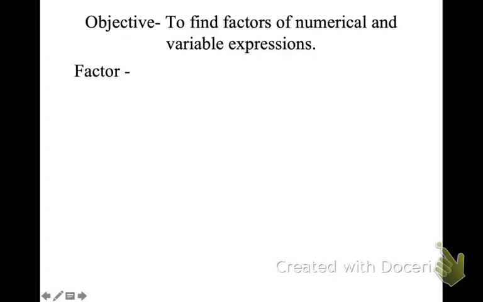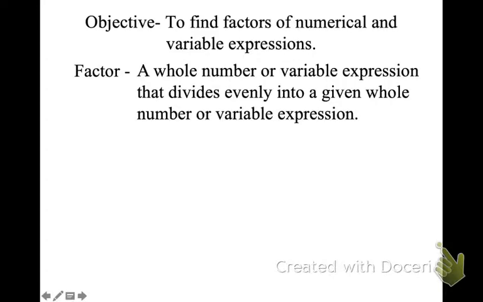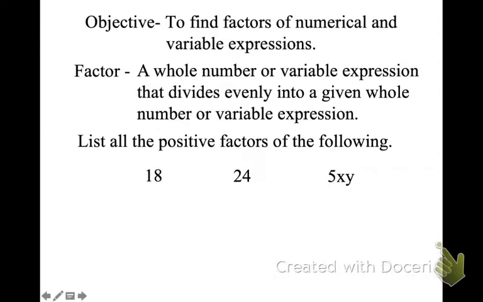Alright, so let's start with a factor is a whole number or a variable expression that divides evenly into a given whole number or variable expression. So, for instance, the factors of 18, if I were to make a factor tower, this is a little bit of a review from pre-algebra, I always go in order. I start with 1.